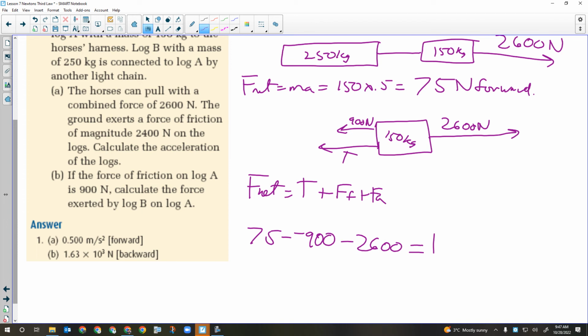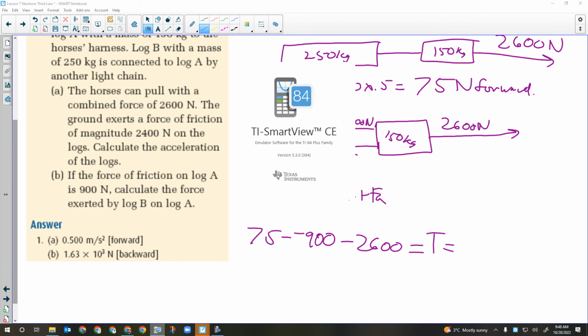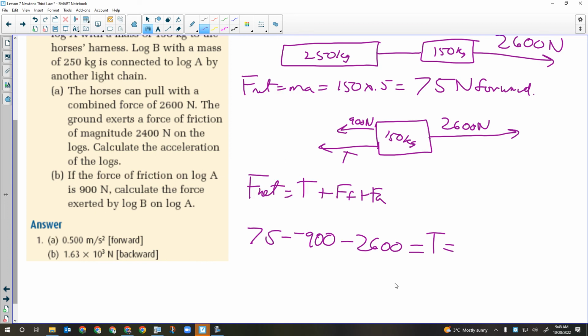That will give me the tension in the chain, which is going to end up being negative just because it's a backward force from the first log's point of view. Does that come up to 1,625 newtons?